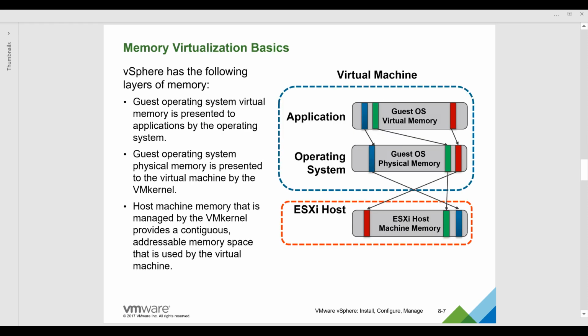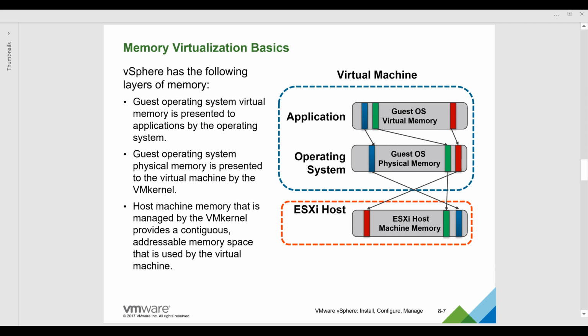The basics of memory utilization. So the guest operating system's virtual memory is presented to the applications by the operating system. The guest operating system physical memory is presented to the virtual machine by the VM kernel.